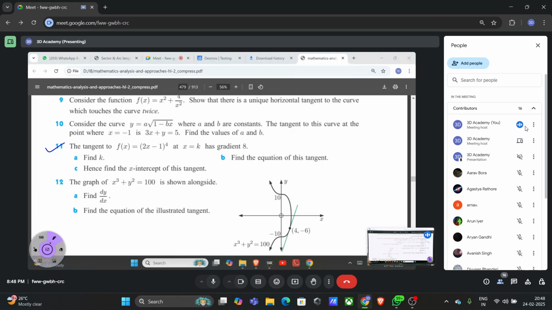Doesn't matter what question you are solving, you have to use these 2 points only. Okay, देखो, जिसका भी जल्दी से ये क्वेश्चन सॉल्व हो जाएगा, those who are done with this question, try 10th question as well. Logic is exactly same, you don't have to do anything extra. If equation of tangent is already given, you can find its gradient.